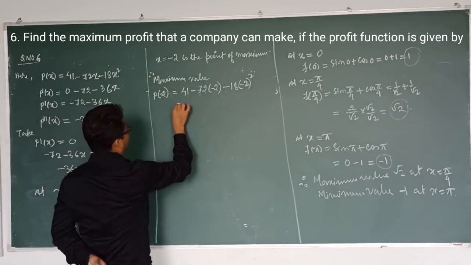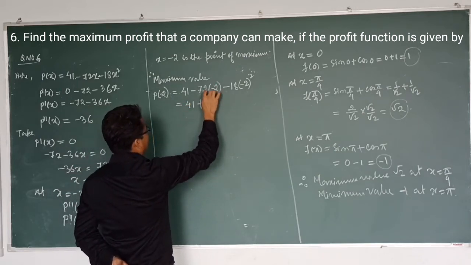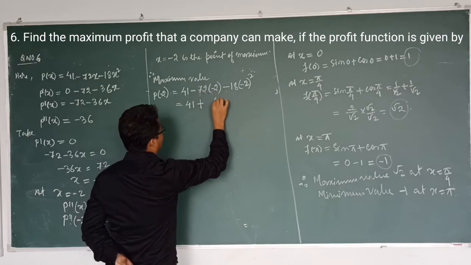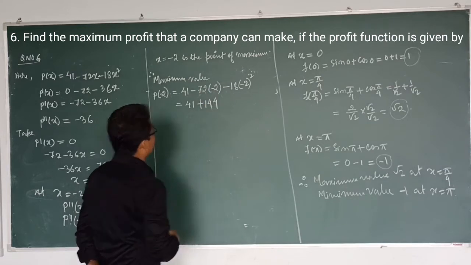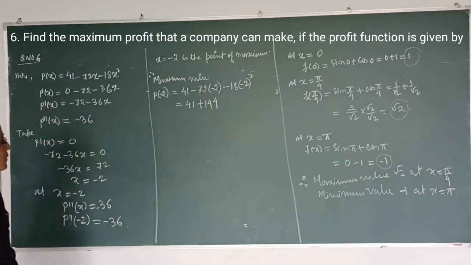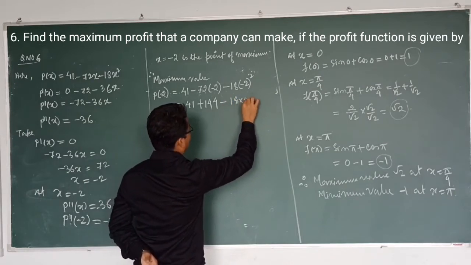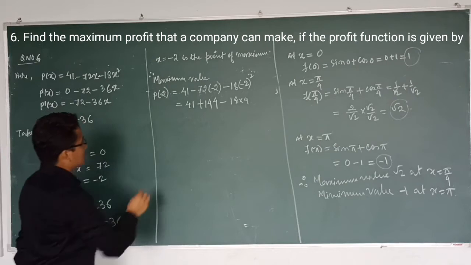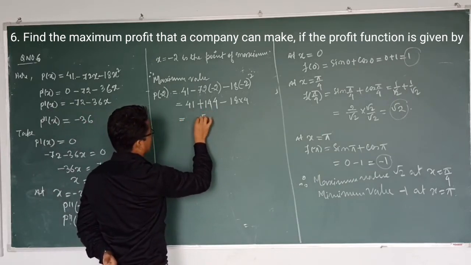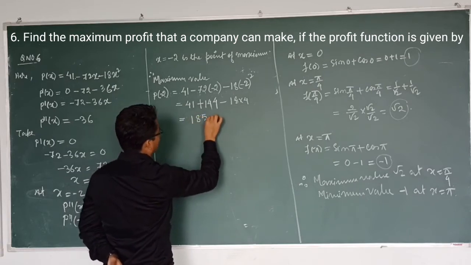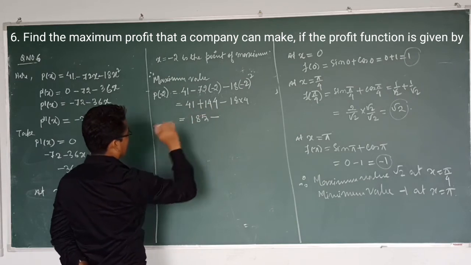So 41, minus times minus is plus, 72 times 2 is 144, then minus 18 into 4.